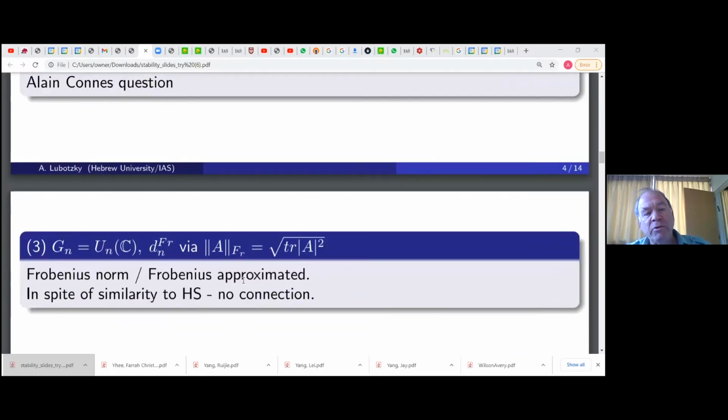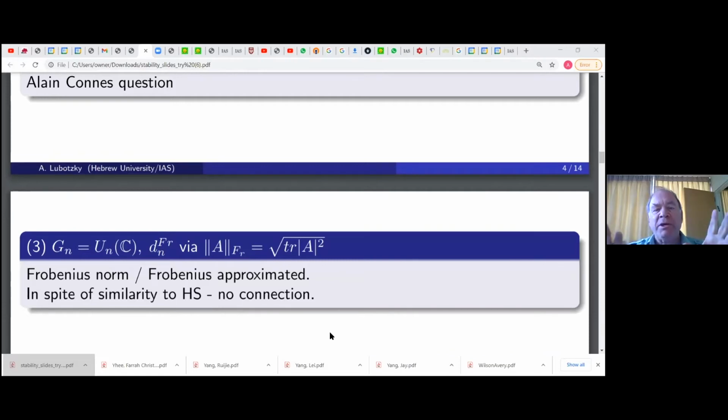And now you would say the groups which will be approximated by this will be called Frobenius approximated. Here I want to stress, each one of you can think about it for a second: in spite of the fact that the two norms look so much alike, the two questions are completely different.